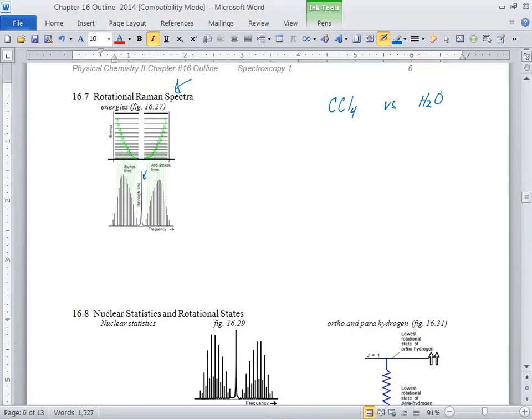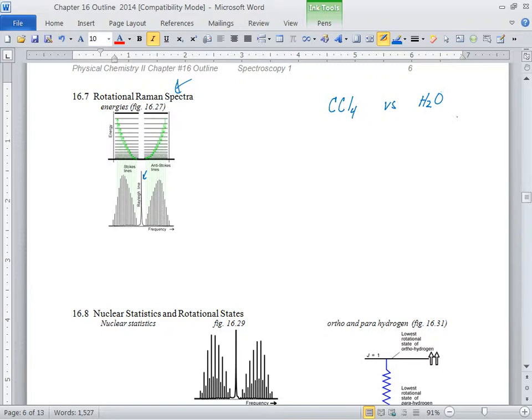You can't even see it. Maybe water. Water? Now remember, if you can't see it with rotational Raman, it means it's the same polarizability everywhere. Use that VSEPR theory if you remember it.